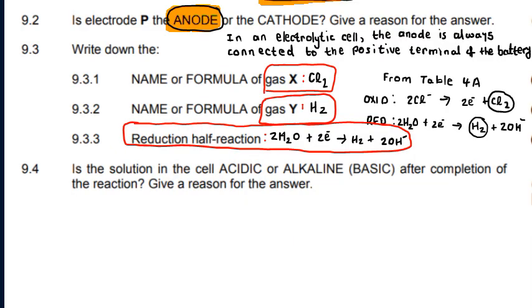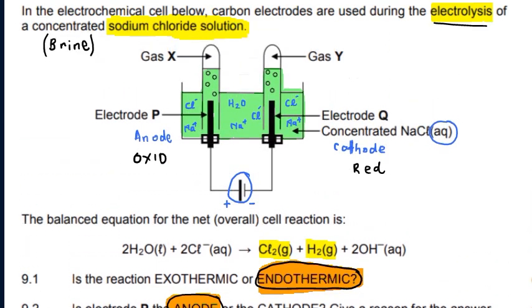Okay, so moving on to the last question, right? Question 9.4, it says, is the solution in the cell acidic or alkaline, which basically means basic, after completion of the reaction? Give a reason for your answer. Okay, so for this, we just need to basically go back to the diagram.